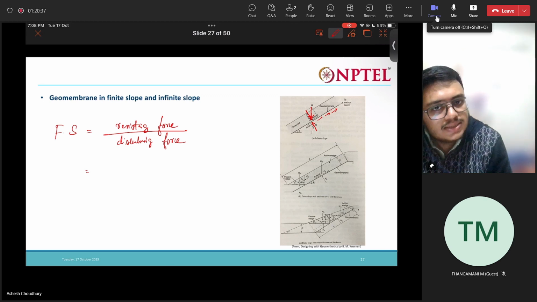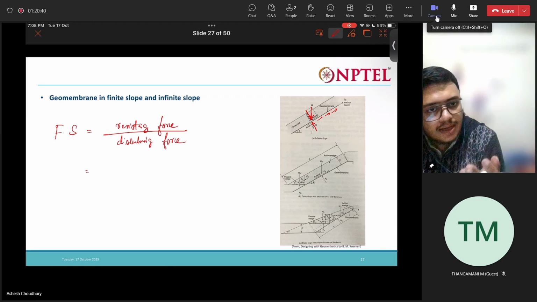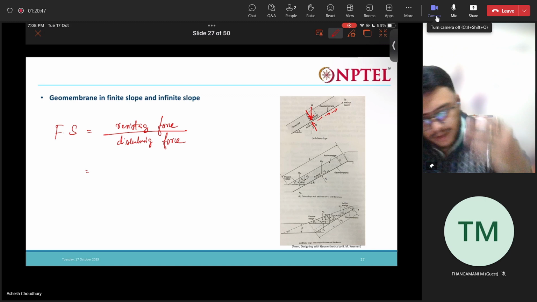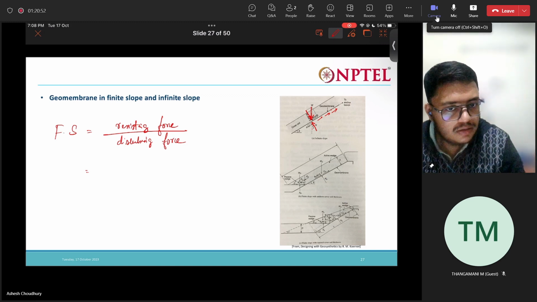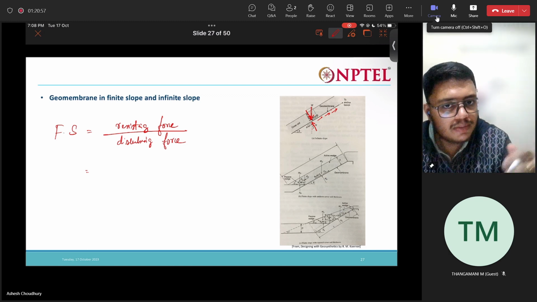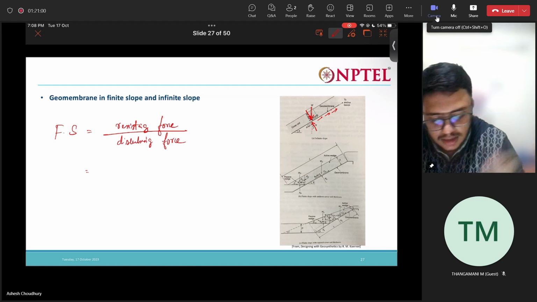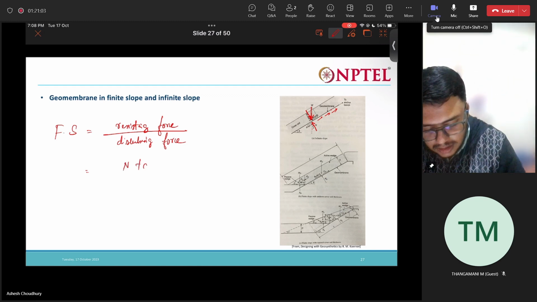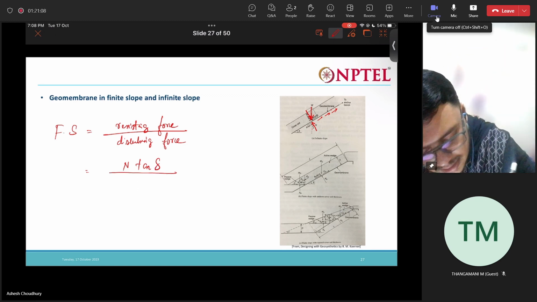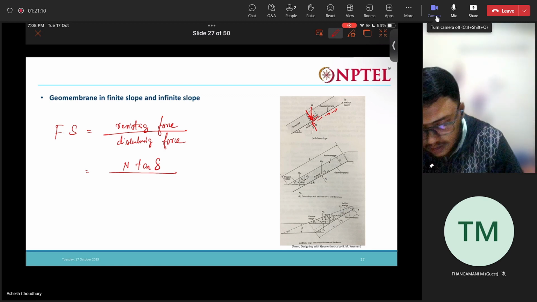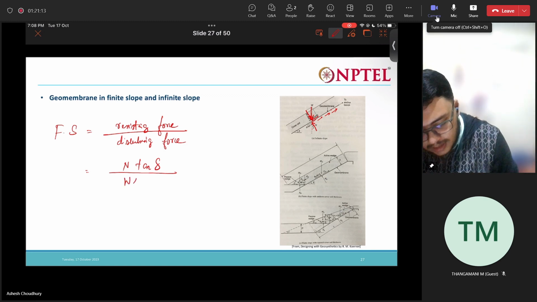And what is frictional resistance? Normal force times the friction ratio, mu. The coefficient of friction, mu, is equal to tan of the friction angle. So the resisting force is N tan delta. And what is the disturbing force? The sine component of the weight, that is the disturbing force, W sin beta.